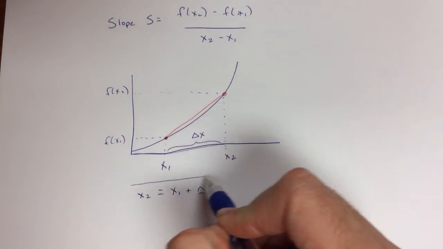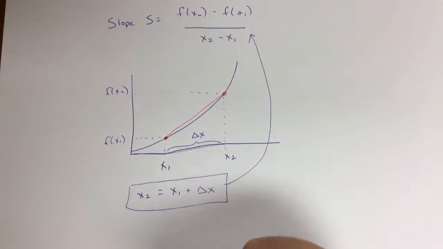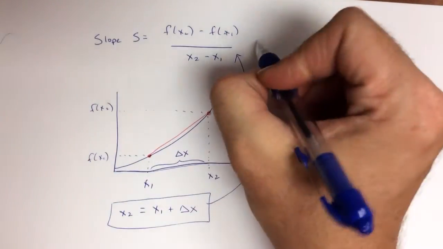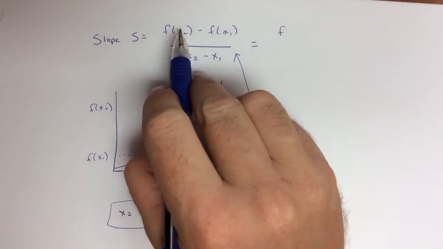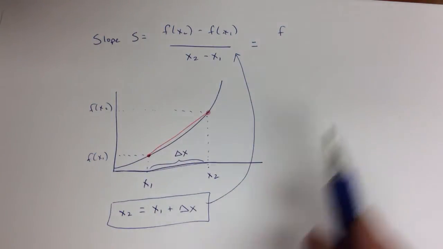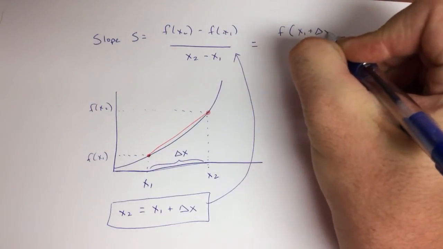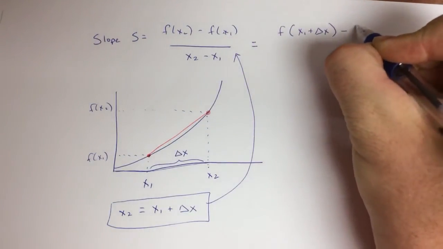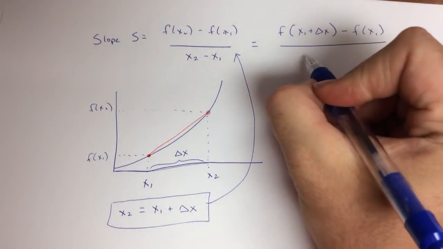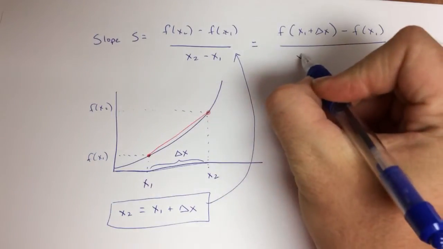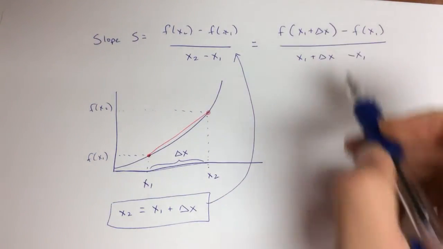Well, now that I have this equation, I can just substitute that in to come up with another definition of slope. So this is equal to f, well, instead of x2, I'm going to write x1 plus delta x, so f of x1 plus delta x minus f of x1, all over x2, which is now x1 plus delta x minus x1.